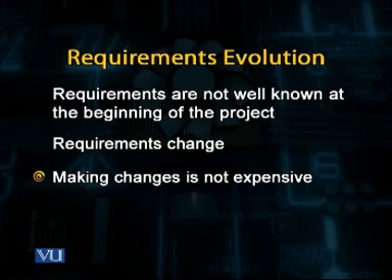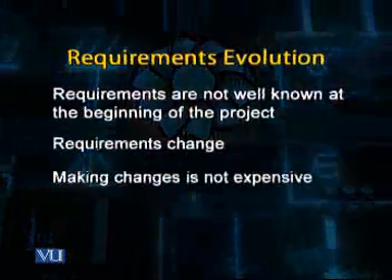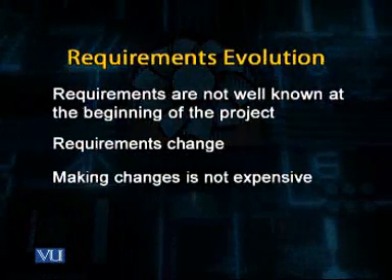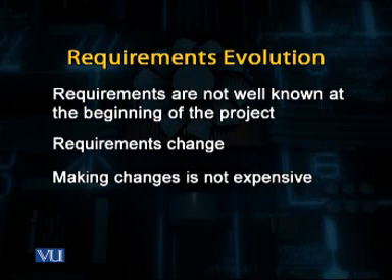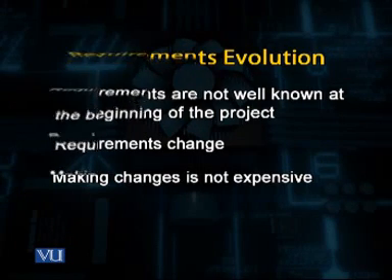Now, this is something which is different from the traditional approaches, because in traditional approaches we do talk about the fact that making changes is expensive. This hypothesis, that making changes is not expensive, is not always true, and one can find empirical and statistical evidence to back this up.